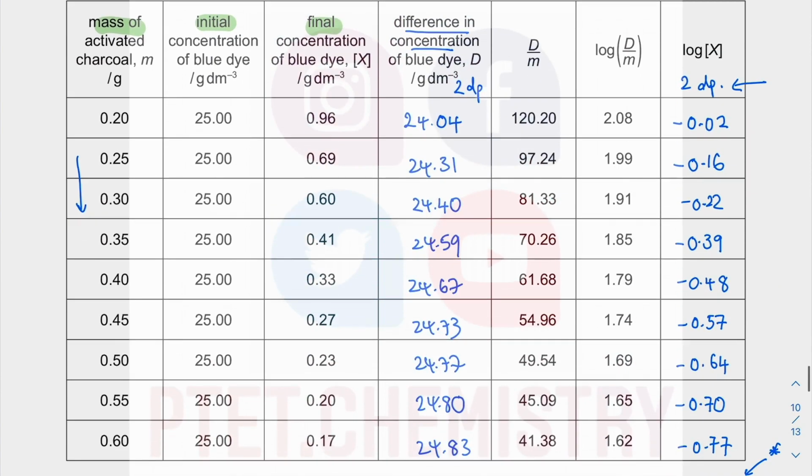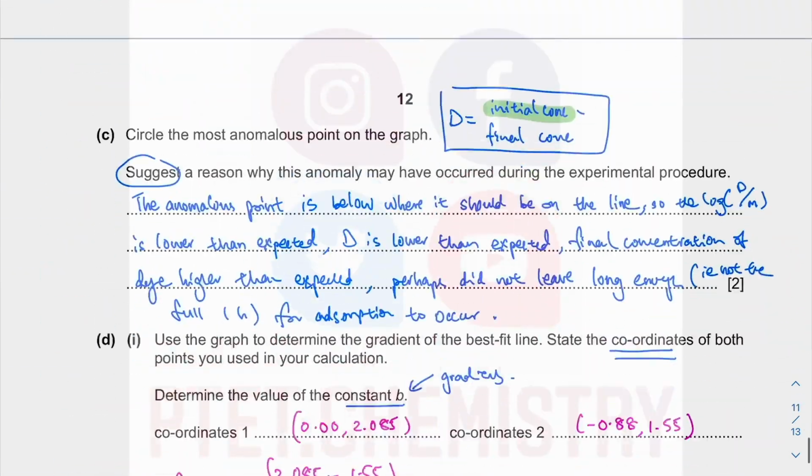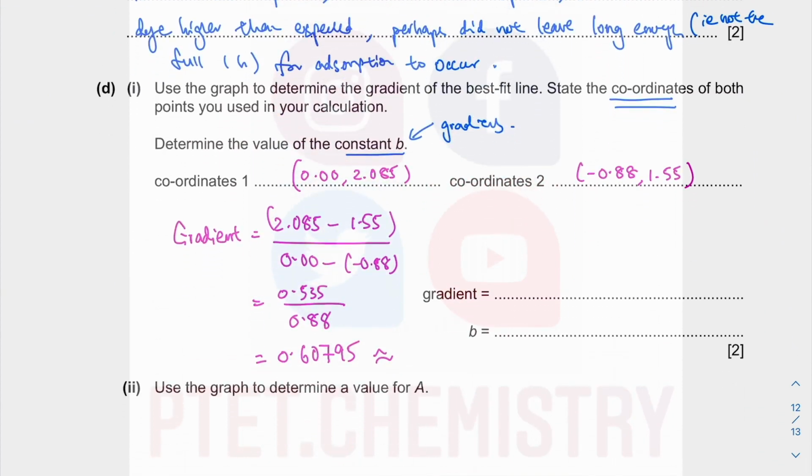So I guess it would be sensible if I use 2 decimal places instead of significant figures, just to be consistent with what they asked us to do previously. That would be 0.61 to 2 decimal places. But before I round it up, I always show it to a slightly higher precision. So 0.61, and b is also the gradient, based on what we say about y equal to mx plus c, so that's 0.61 as well.